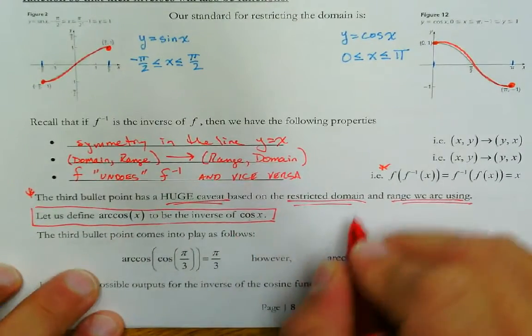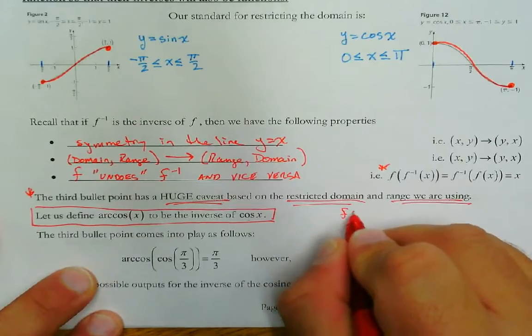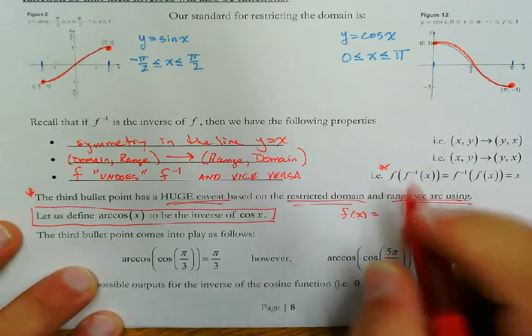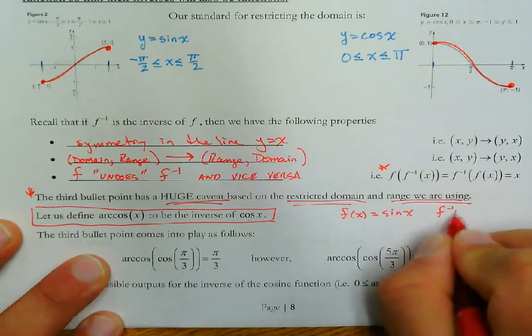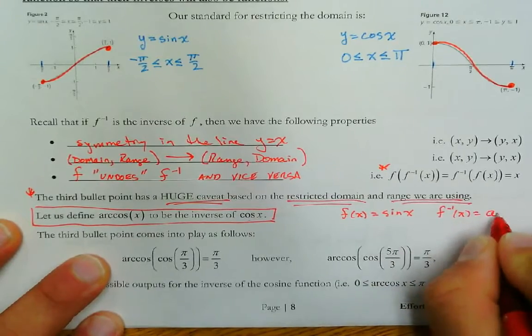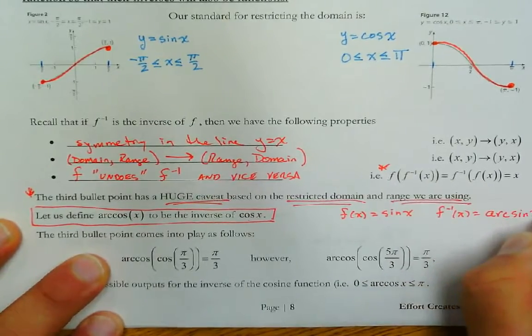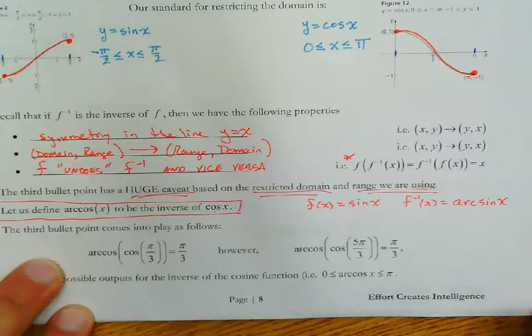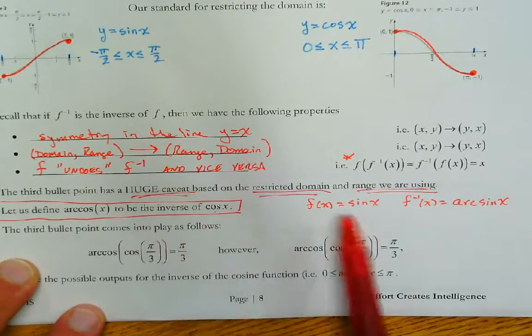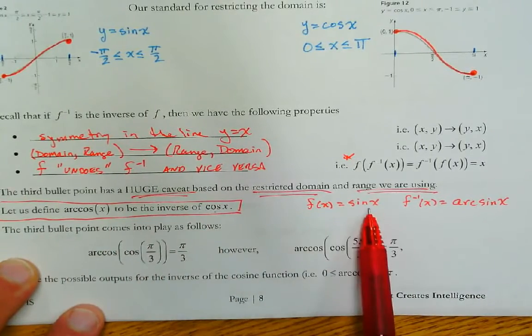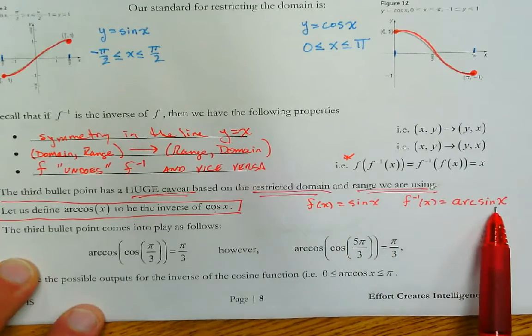Similarly, if f of x is equal to sine of x, then the inverse we're going to say is the arc sine of x.